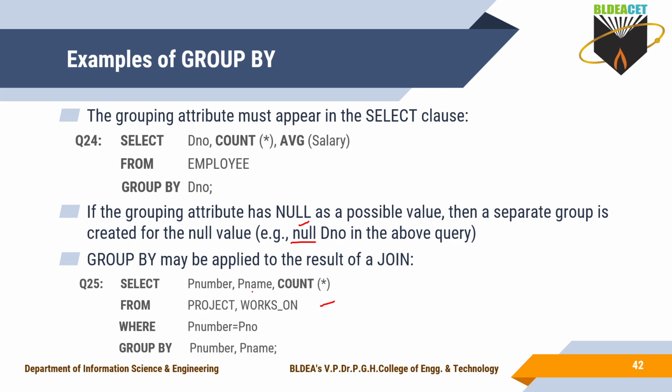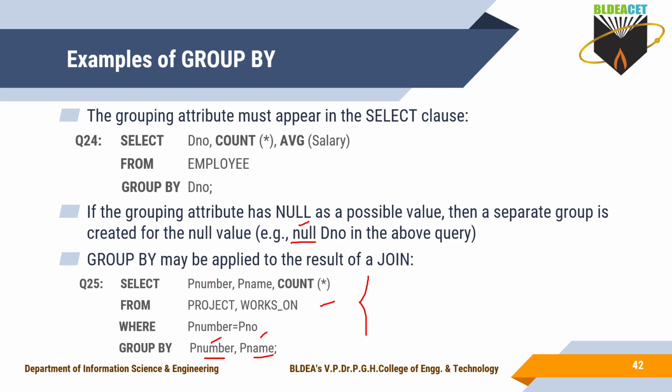Select P number, P name, count star from project and works on, where P number equal to PNO, group by P number and P name. So these are the two attributes. Now you want to group the tuples according to project number and project name.